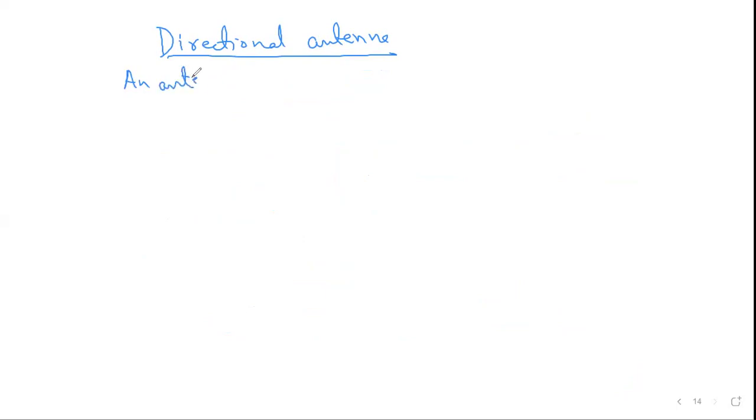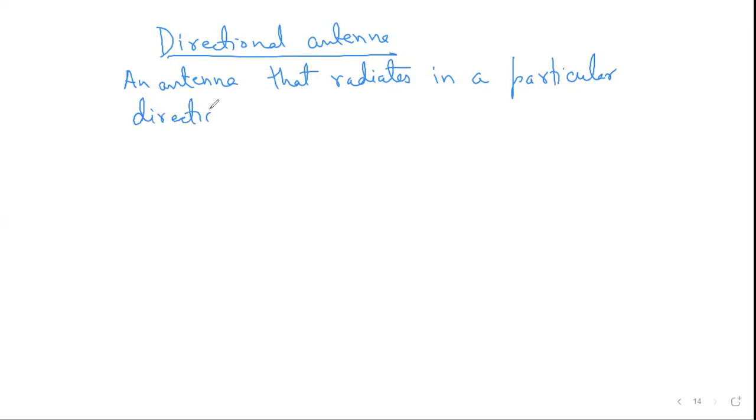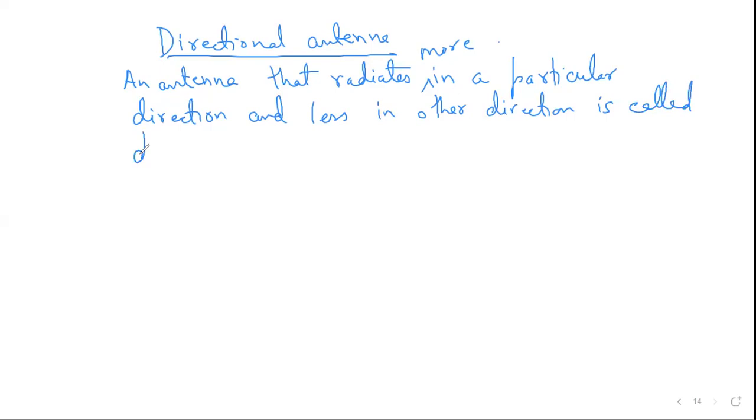An antenna that radiates in a particular direction, radiates more in a particular direction and less in other directions, is called a directional antenna.